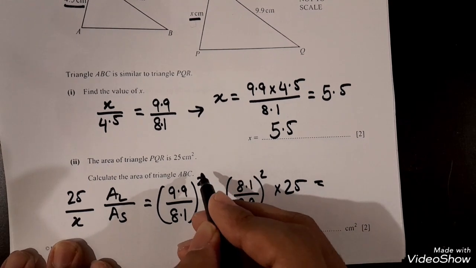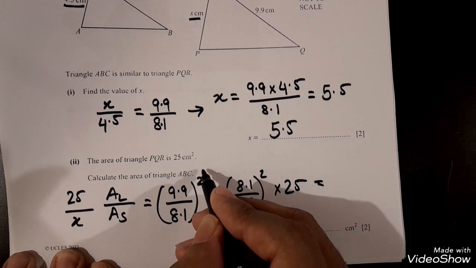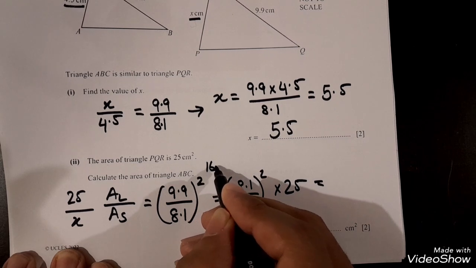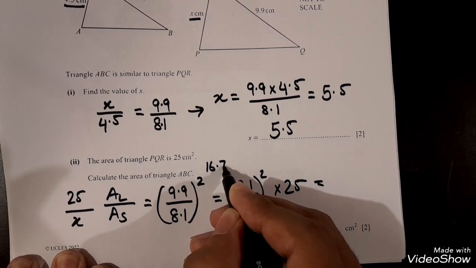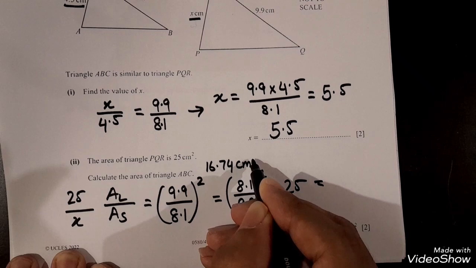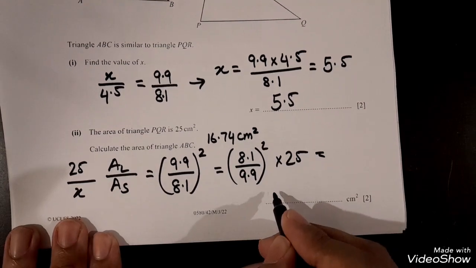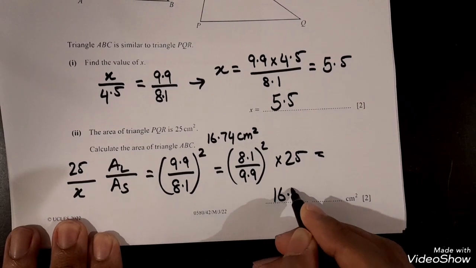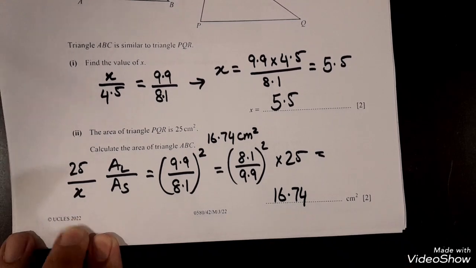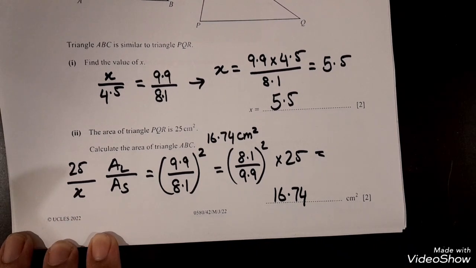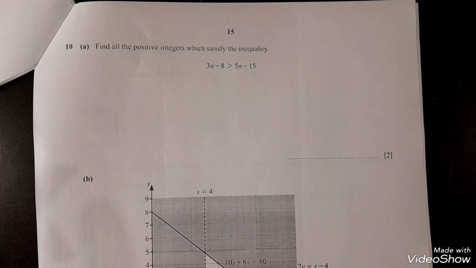So the area of triangle ABC is 16.74 centimeters square. So we write it over here, 16.74 centimeters square. So this is how we'll do part 2 of part B.